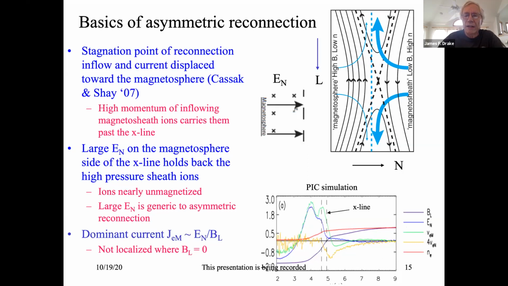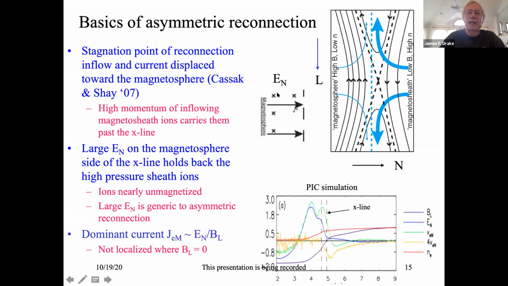And why is that? That's because there is a very large normal electric field set up. The ions come barreling across, and they're effectively unmagnetized in this region, and they're held back by a very large normal electric field, which is pointing towards the sheath.